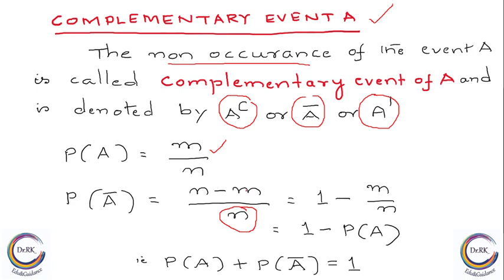N. Out of N, M are in favor and the rest are against, that means not in favor of this event. Therefore this is N minus M. That means N minus M is in favor of not happening.